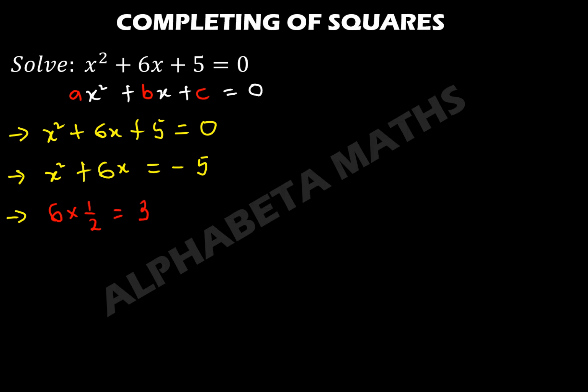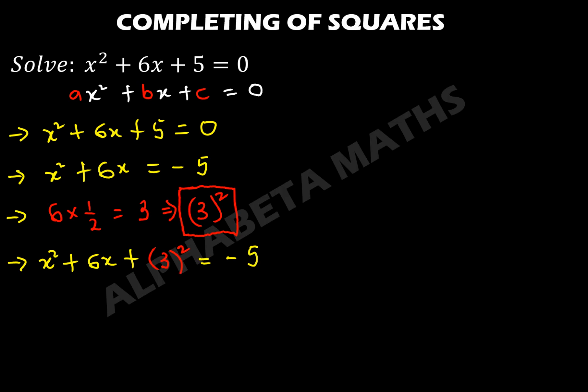Now after getting this 3, what we are going to do is to square the result. So we have 3 squared, and this is the expression we are going to add to both sides of the equation. So we are getting x squared plus 6x plus 3 squared equals negative 5 plus 3 squared.